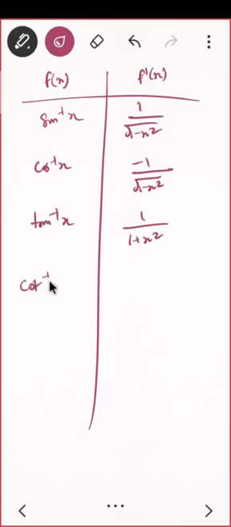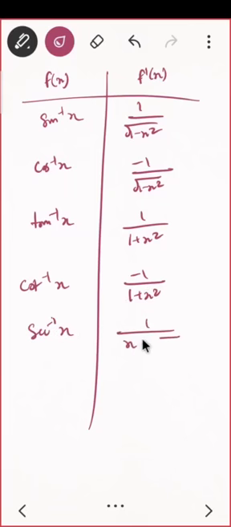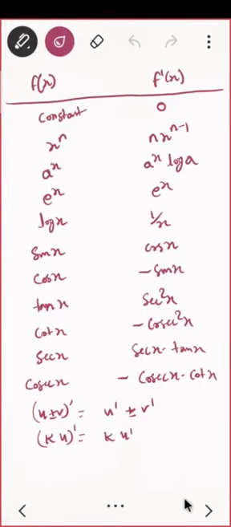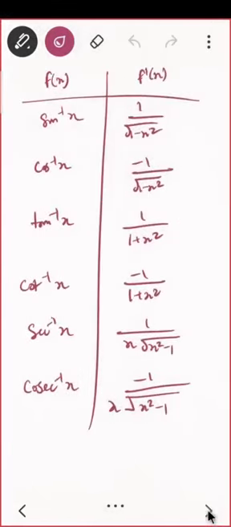Cot inverse x is minus 1 upon 1 plus x square. And sec inverse x is 1 upon x root of x square minus 1. I hope I am correct here. And next is cosec. Cosec inverse x is minus 1 upon root of, again the same thing, x into root of x square minus 1. That's it. Yes. So all these things are enough. If you do this much, you can solve any question of derivative.